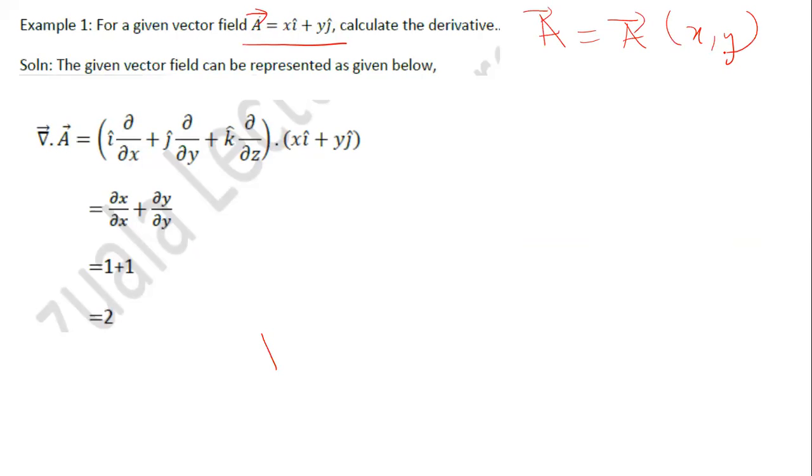That means if you move in this space from one set of values of x and y to another, this quantity will change. This vector quantity changes from one location in space to another, which means this is a vector field. Now let us try to draw this vector field, xi plus yj.